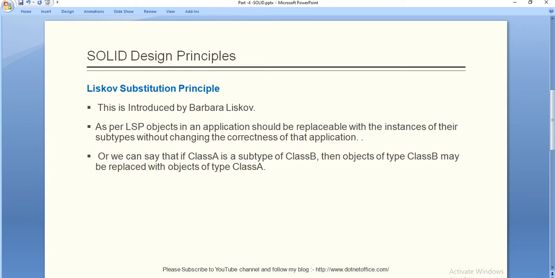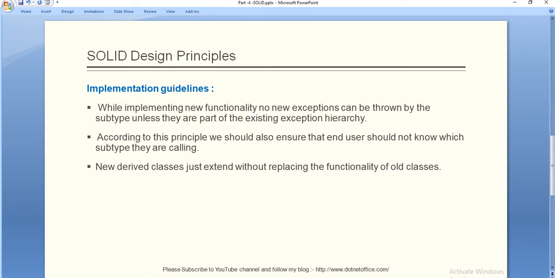To apply the Liskov substitution principle in our application, there are some guidelines which we should follow. The first and important guideline: while implementing new functionality, no new exception can be thrown by the subtype unless it is part of the existing exception hierarchy.